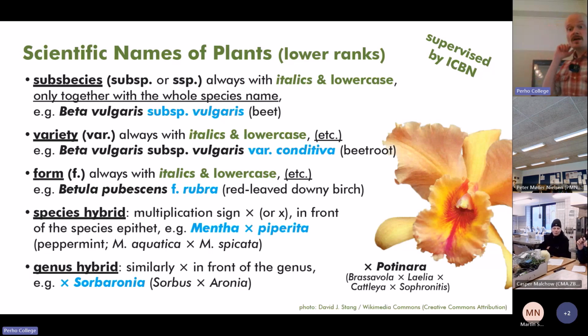Here's an example of Potinara, which is a hybrid between the genera Brassavola, Laelia, Cattleya, and Sophronitis. The most complex intergeneric hybrid that I was able to find was a cross between 8 different genera, not just species, but different genera, which is quite awesome. I think so, at least.